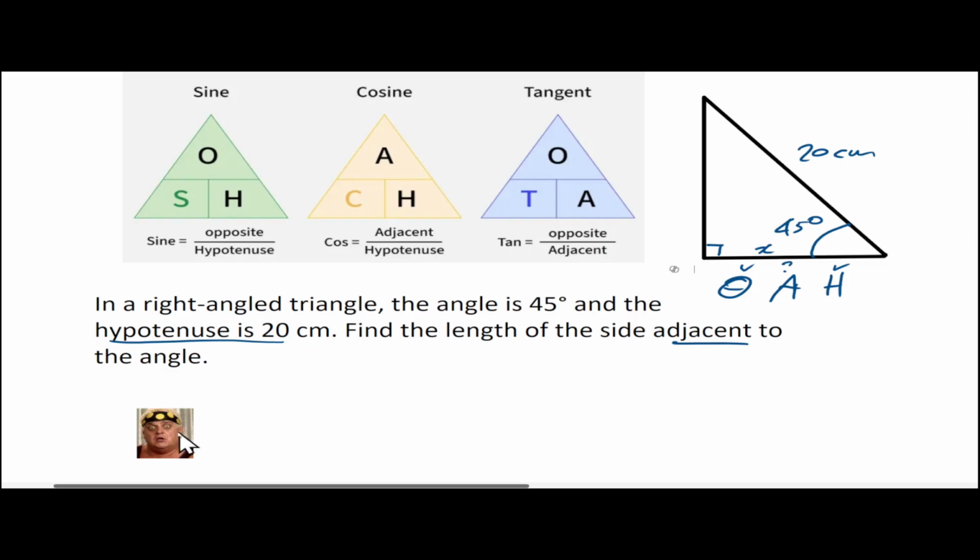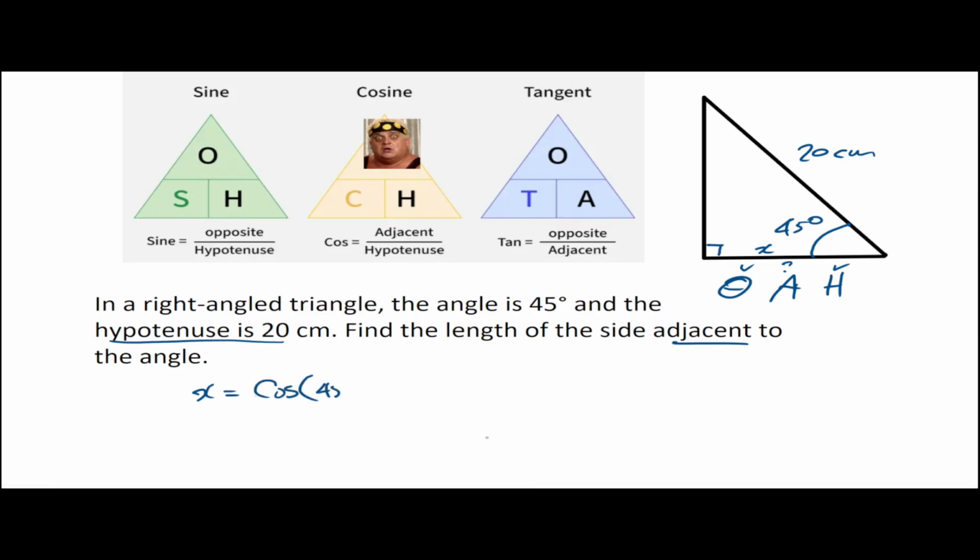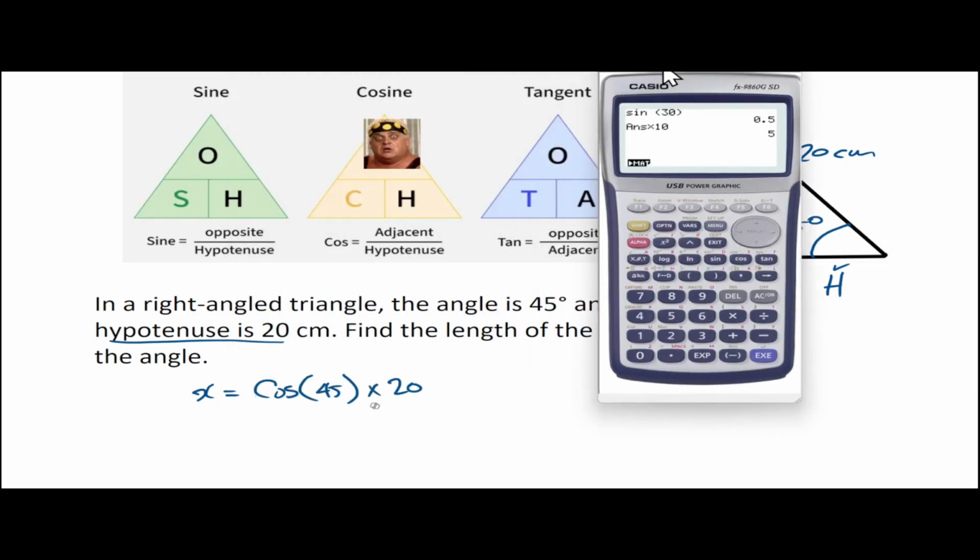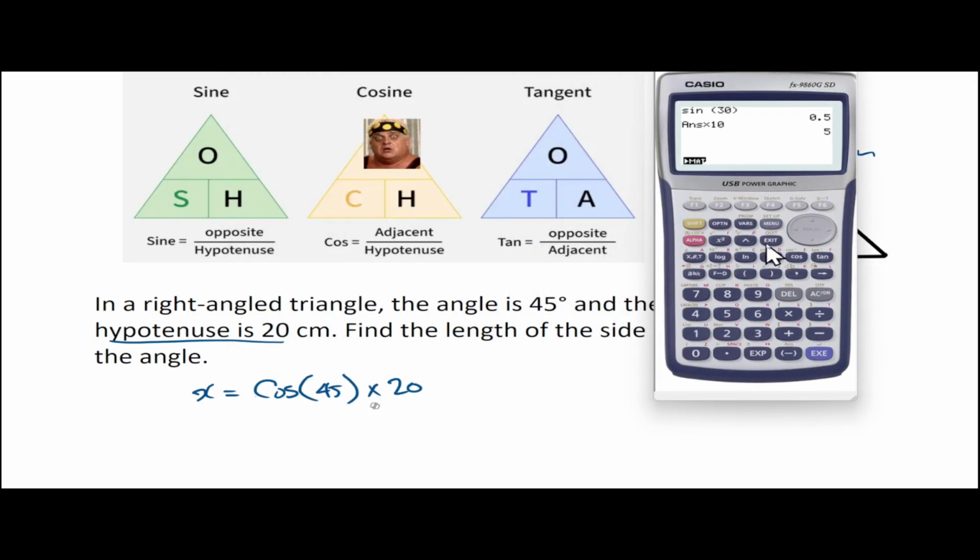So we're wanting to find the adjacent side. We cover up the adjacent side because that's all we're trying to find, and then the adjacent side is going to be cosine theta times hypotenuse. So x, which is the adjacent side in this case, is cosine of 45 degrees times 20. And again, we jump to the trusty Casio calculator, clear that.